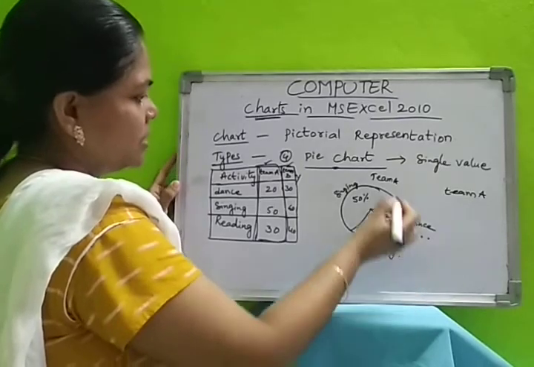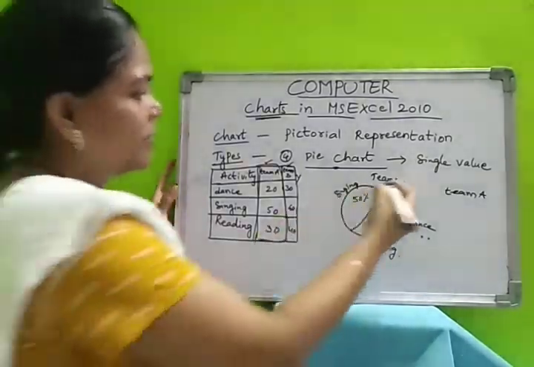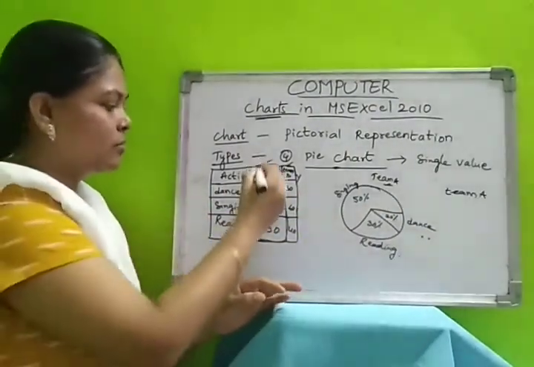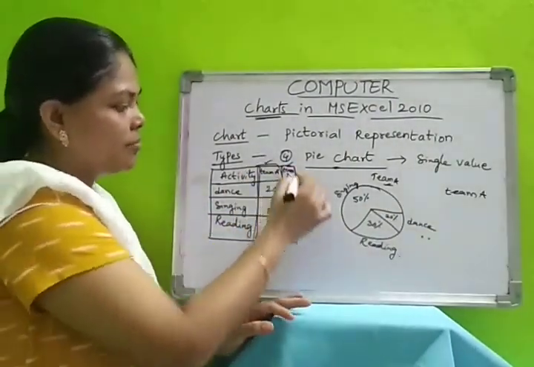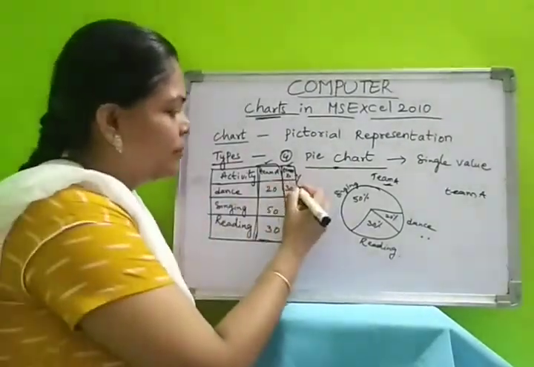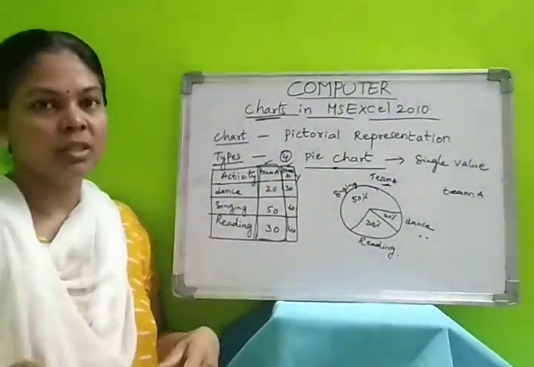So like this the pie chart will be displayed for team A. Either any value for team A it will draw, or for team B. So you have to give only one value. Whatever you want to give, only those values you have to give.